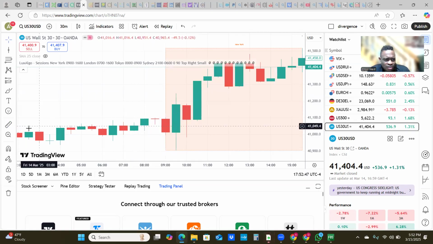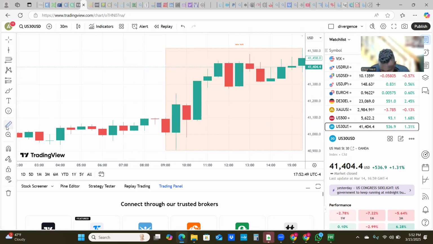But let's just say that we remember I gave you these two scenarios from Tuesday when we either got in before. It's up to you to decide. Remember, nothing is financial advice. It's just up to you to decide what you want to do and how you want to get in and out, right? So let's just say this is a buy. This was looking like a buy here, 8:30.